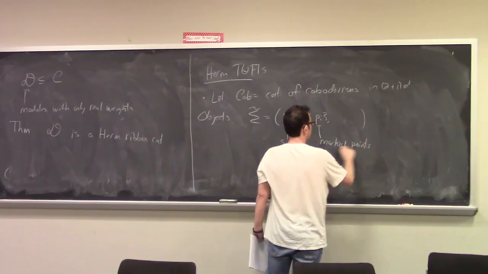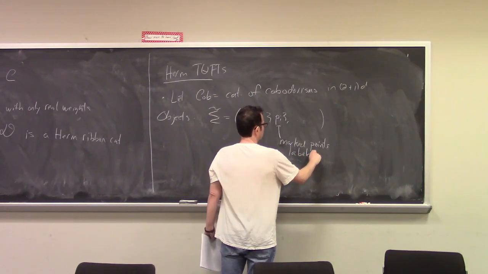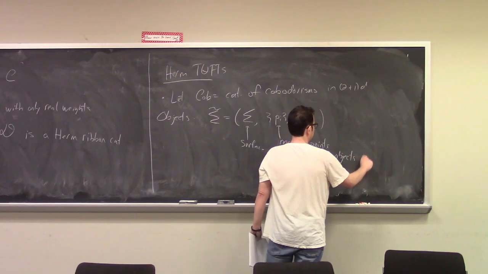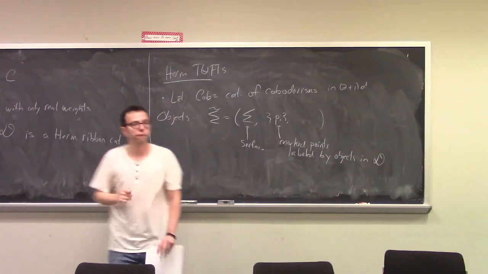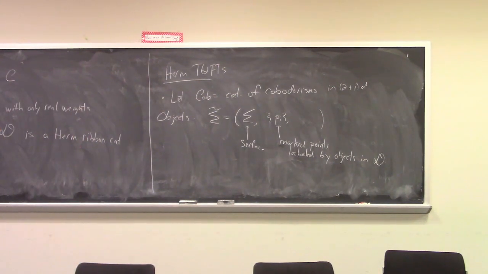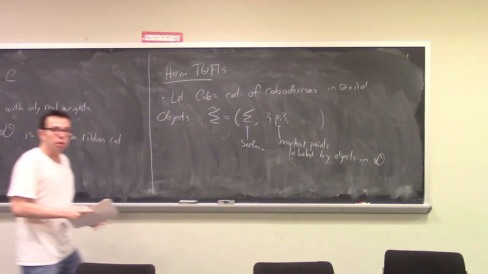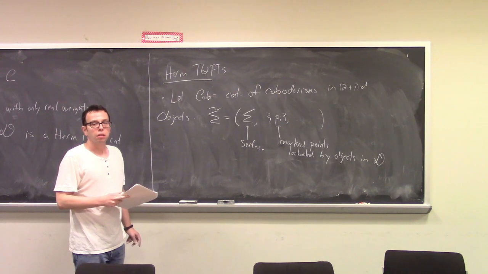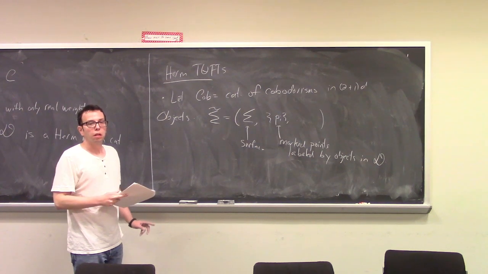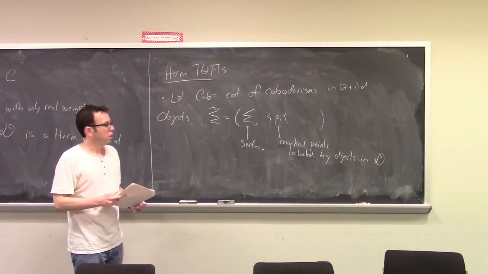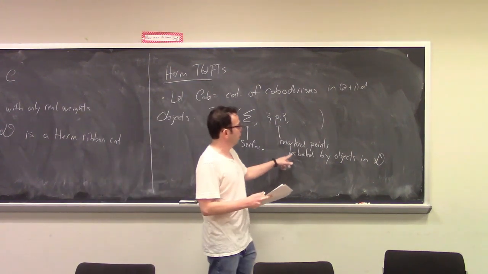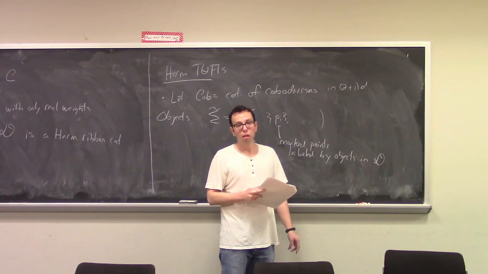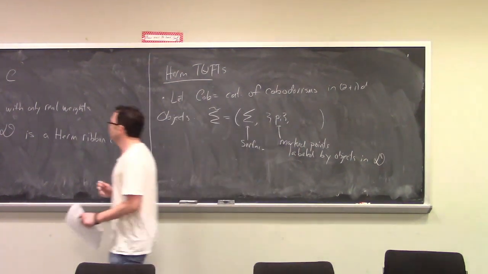They're labeled by objects in D. Representations. Marked points are labeled by objects. Yes, so representations. Okay, D, fine. So, cobordism, perfect.